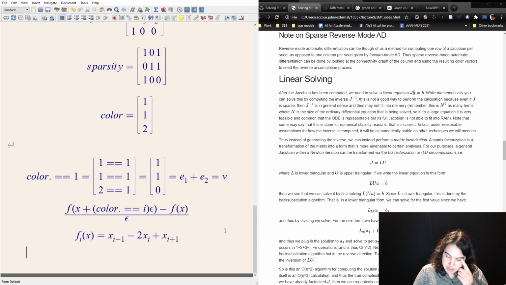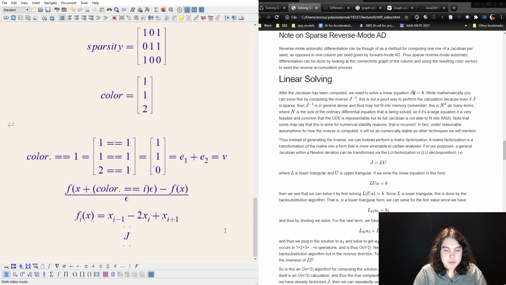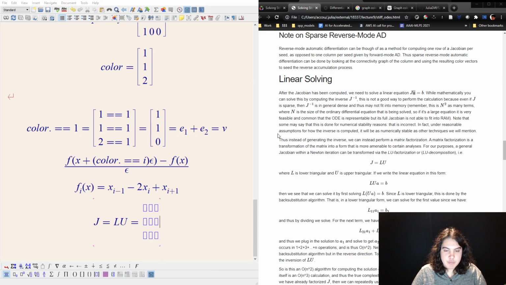And when you do Gaussian elimination, you do something like, let me get to that point, right? What we want to do is find J equals L times U, where this is essentially two matrices.